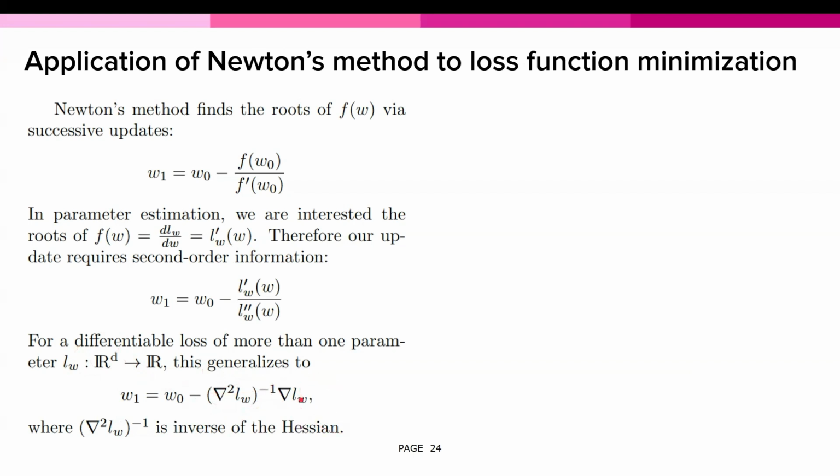So this requires inverting a matrix. This is why Newton's method for finding the minimum of a loss function can be more computationally expensive, because we have to invert this matrix in order to compute the Newton update.